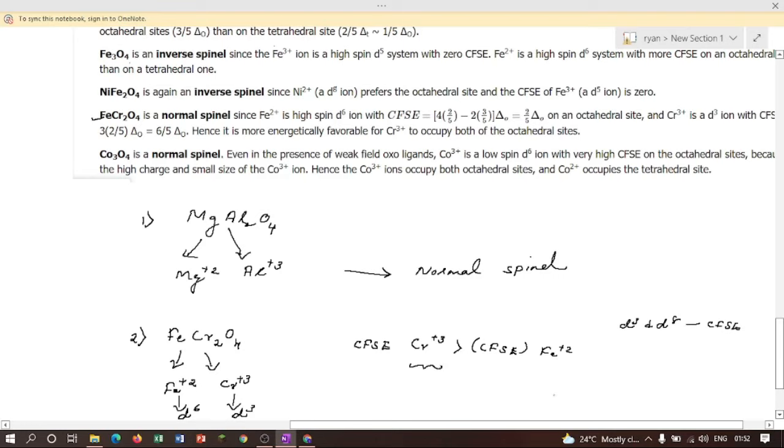So, clearly understood, this is an example of normal spinel.